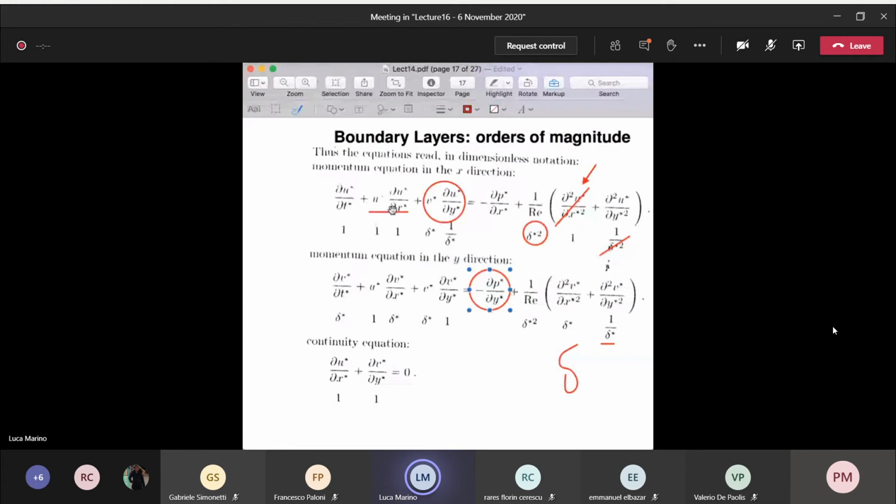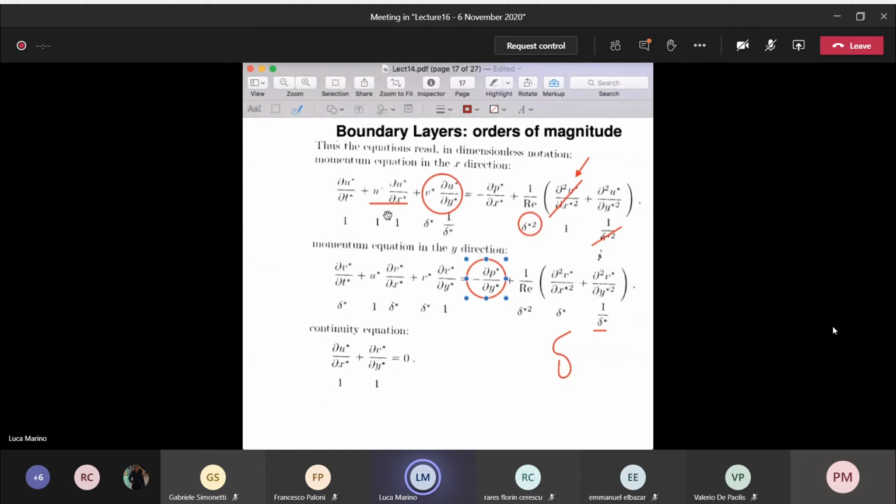So just the diffusive term is a little bit different. The momentum equation in the y direction is completely different because we have just that the gradient in the y direction of the pressure is equal to 0, and that's all. This analysis has important consequences.